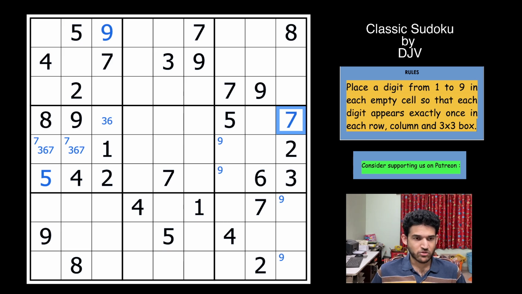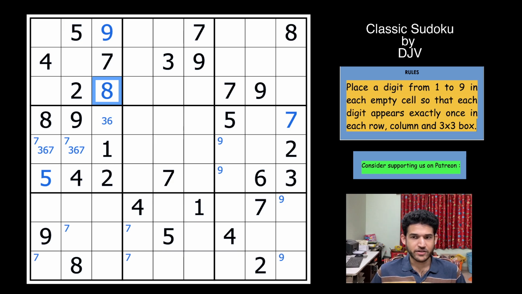Now I'm beginning to look at the 7s. 7 is not in this area, nor is it in this area, so that gives 7 nicely tucked into these two cells. And 7 in column 4 goes here. Okay, I'm seeing that 8 has only one cell in box 1, just this cell.